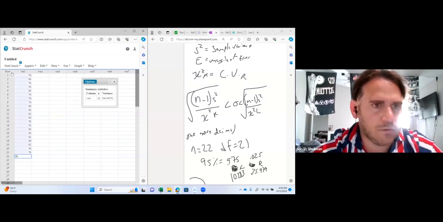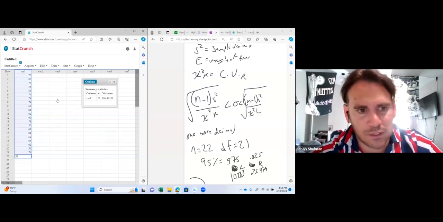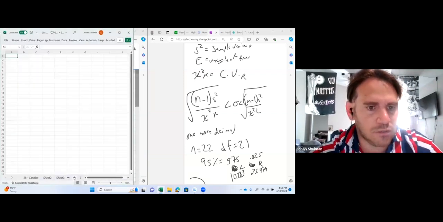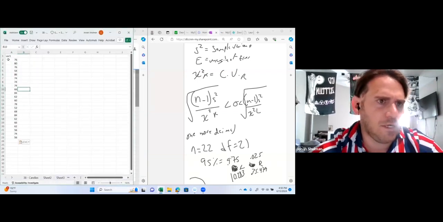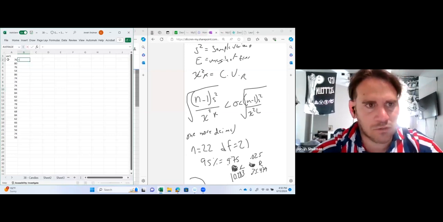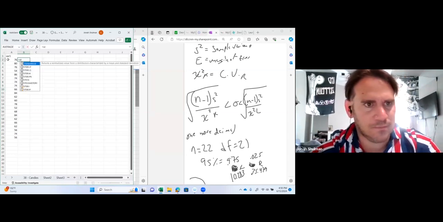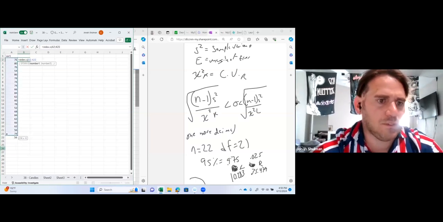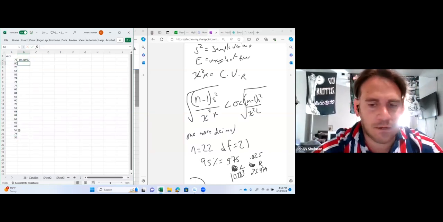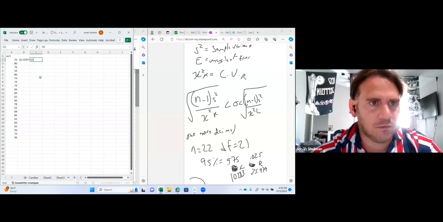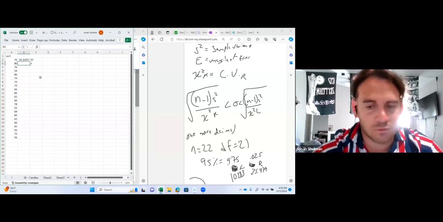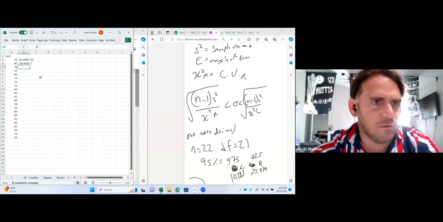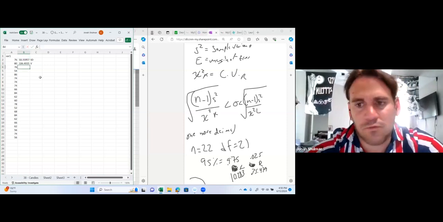Now I got them all. I'm just going to do Control C, so I'm basically just copying it. I'm just going to drop it into Excel on a new sheet. All right. So if you don't like to do it that way, you just do equals STDEV.S, and we got this business right here. So that's our standard deviation. To make it our variance, all we have to do is what? Square it.